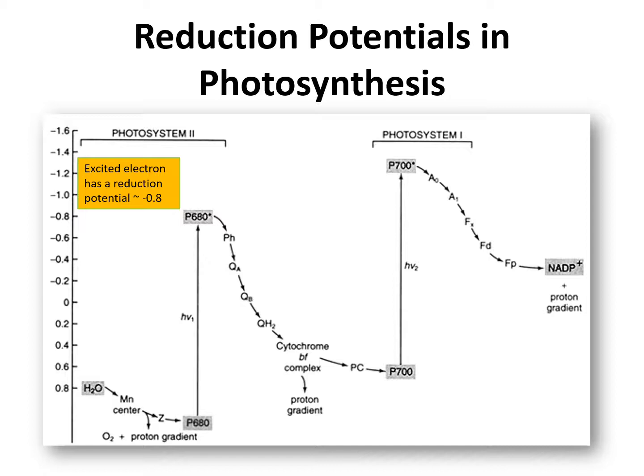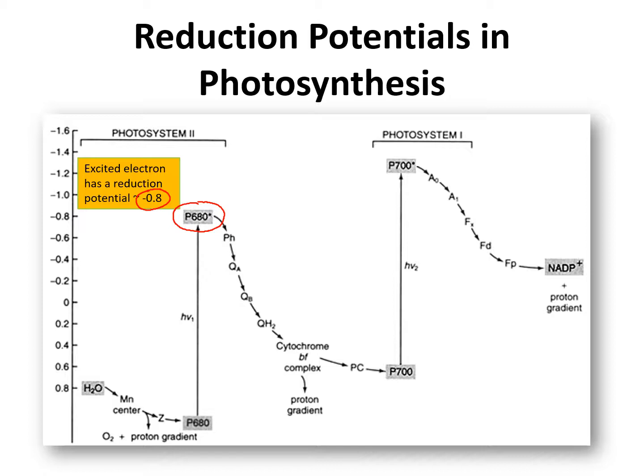Now, here's P680. When it excites an electron up to P680 star, which is the excited electron that comes from P680, P680 excites an electron by absorbing light. That excites it up to a primary electron acceptor that has a reduction potential of minus 0.8. So it's really low.